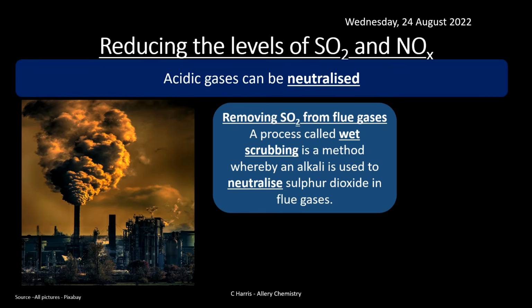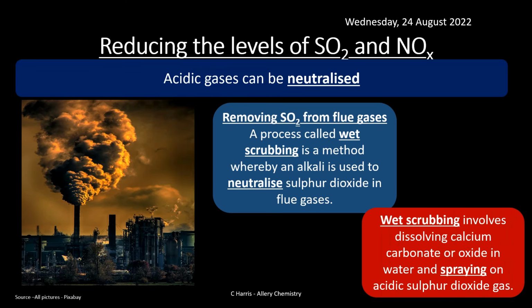For removing sulfur dioxide from flue gases, they use a process in industry called wet scrubbing, a method where an alkali is used to neutralize the sulfur dioxide that's produced in flue gases. You can see a picture there showing a chimney that's producing this.